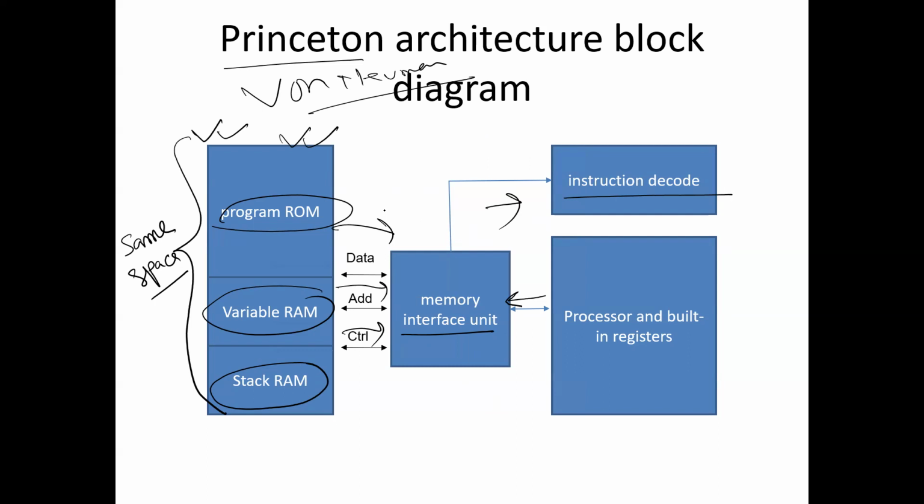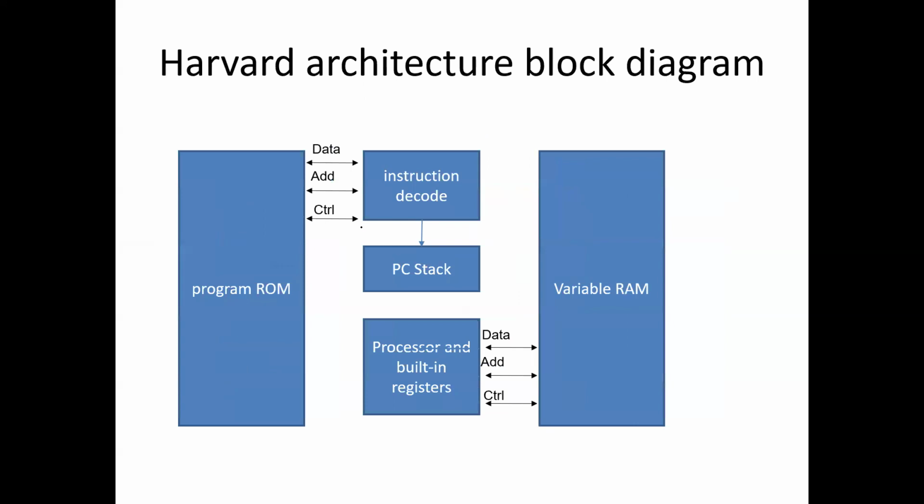Let's see Harvard architecture. In this Harvard architecture, you can see program ROM and variable RAM are in different spaces. PC stack is also in a different space. So all memory locations are not in the same space.